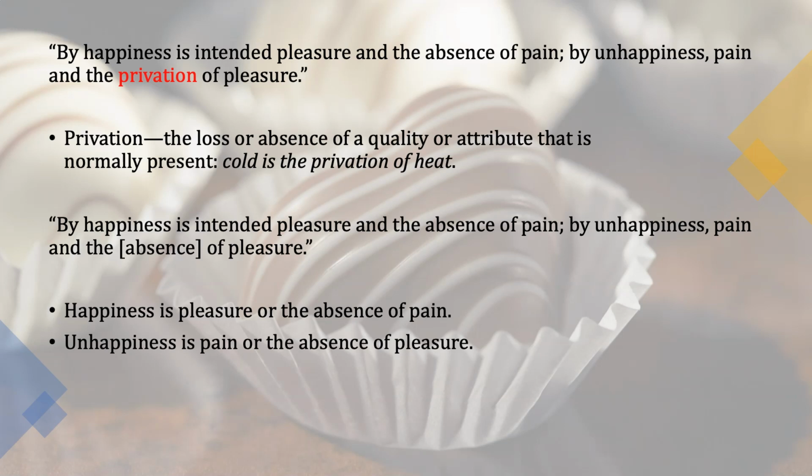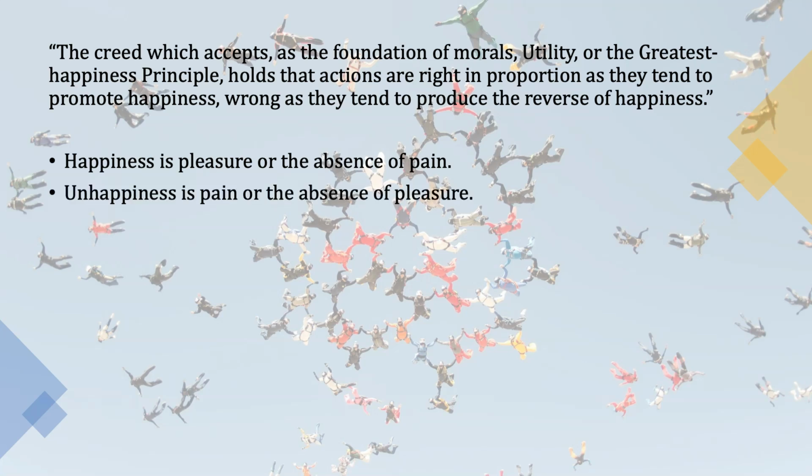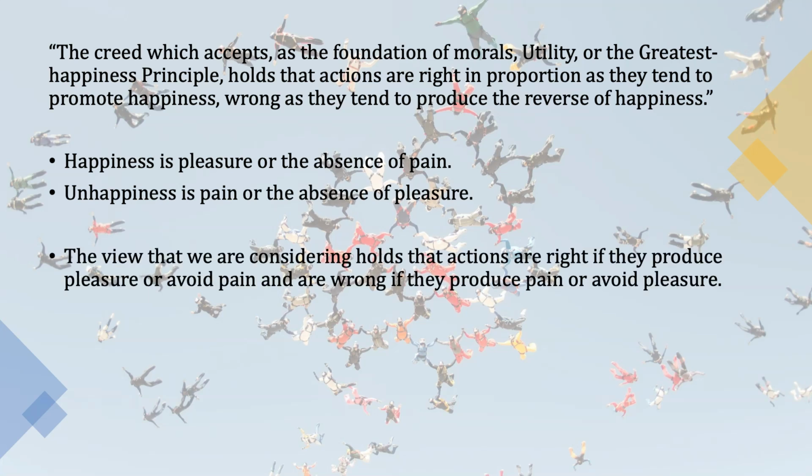So let's go back to that first sentence and put it all together. The creed, which accepts as the foundation of morals, utility, or the greatest happiness principle, holds that actions are right in proportion as they tend to promote happiness, and wrong as they tend to produce the reverse of happiness. So, when we add to this our definitions, happiness is pleasure or the absence of pain, and unhappiness is pain or the absence of pleasure, we end up with the view that we're considering in this passage, which holds that actions are right if they produce pleasure or avoid pain, and are wrong if they produce pain or avoid pleasure.